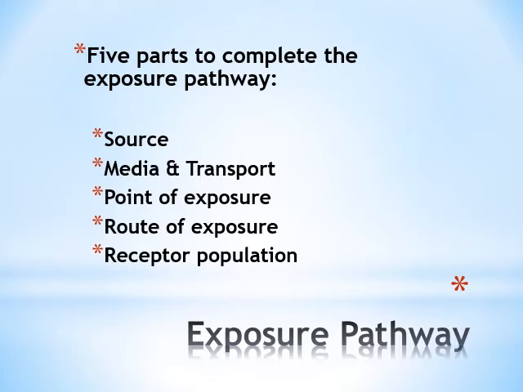So the environmental media include groundwater, surface water, so lakes, ponds, rivers, surface soil, subsurface soil, sediment, plants, animals. So knowing the environmental media that the contaminant is in helps determine who is exposed and how they are exposed. Transport mechanisms describe how the contaminant moves from the source to the point of exposure to people.